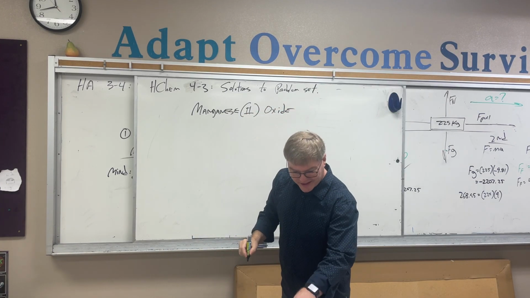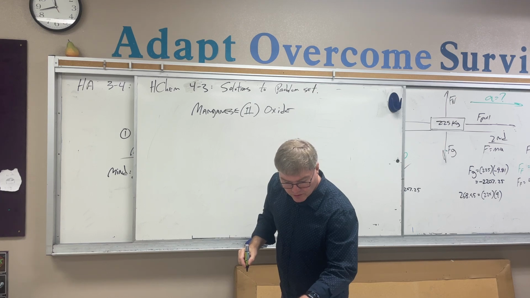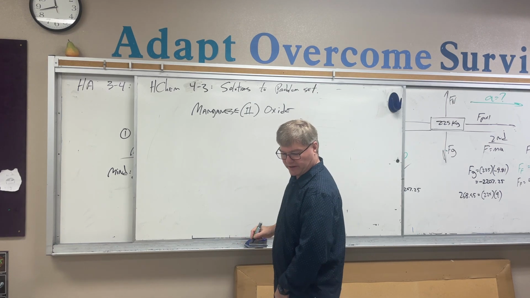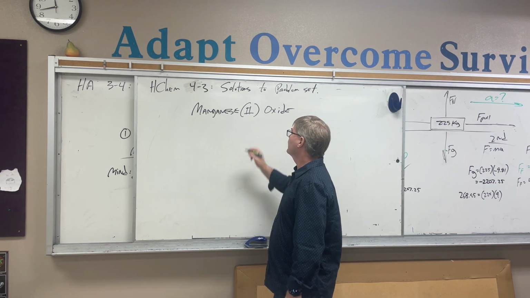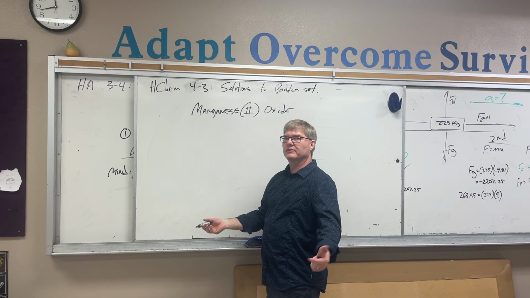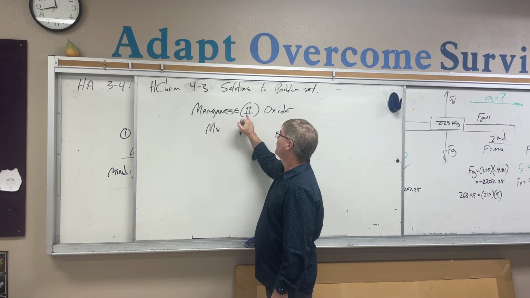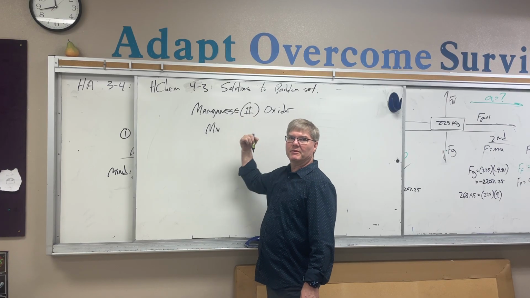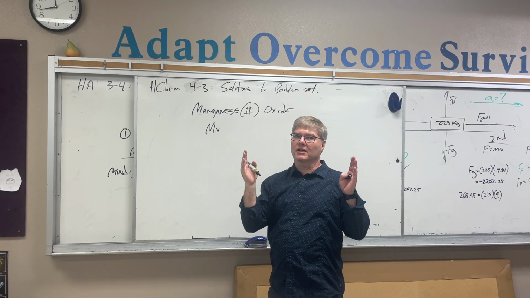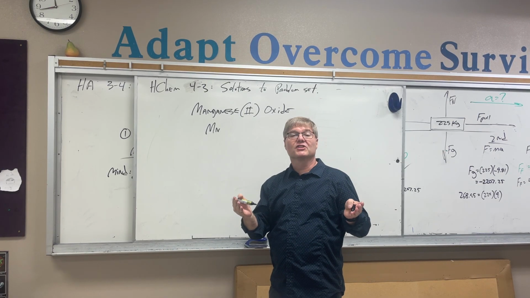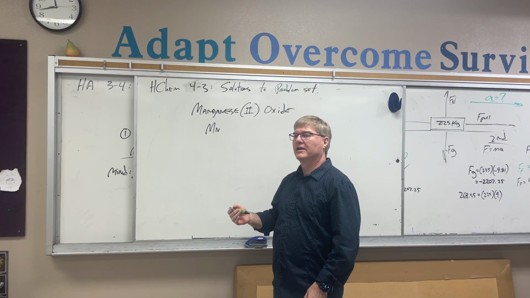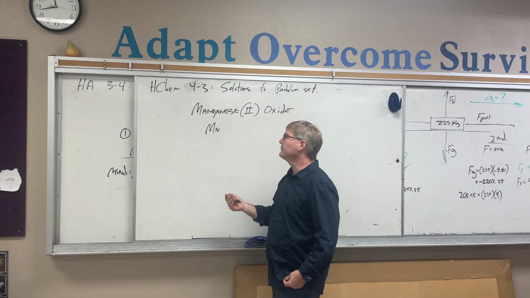Manganese 2 oxide. All right, so manganese is the positive ion. I'll go find the symbol for that. And it is a 2 positive manganese, and that makes sense because manganese is in that block of 10. It's a transition element, and those take multiple charges frequently.